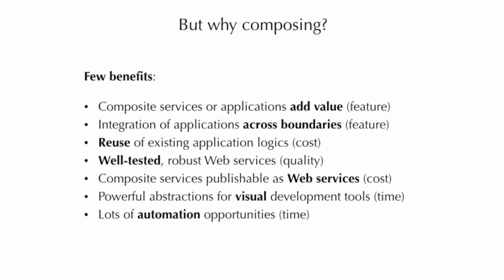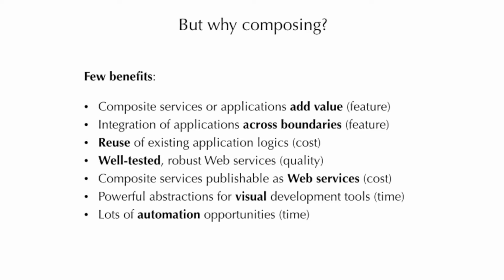Then, a composite web service, the application we develop, we can publish again as a web service itself. So not only do we reuse web services that are already there, if we compose them into a new web service, we can publish it again and allow others to reuse the whole process, the whole composition we developed, starting from the web services.